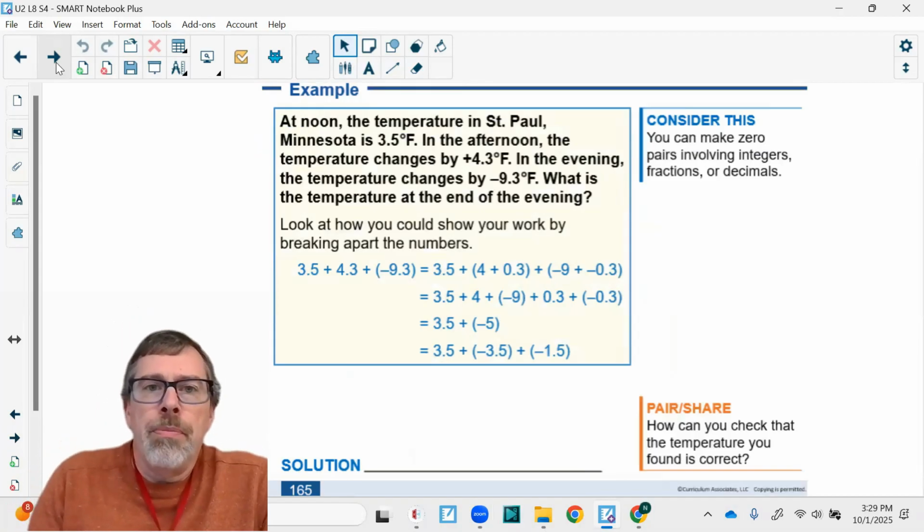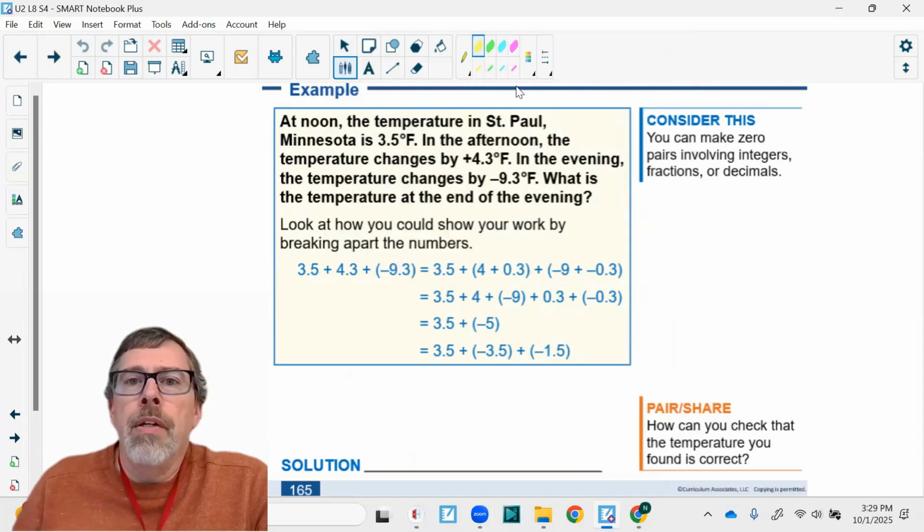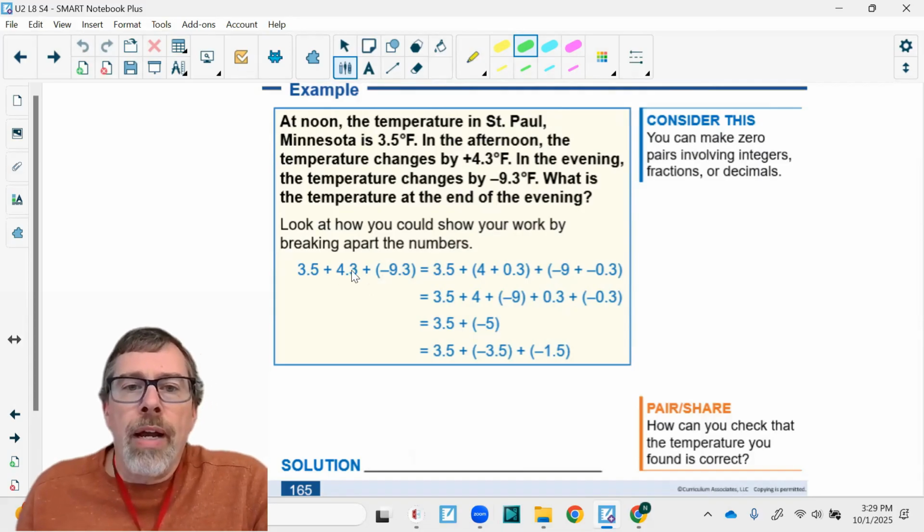First example, I found an error in the book, so I just want to point this out. What they're doing is they're taking these decimal values and separating the ones from the tenths, or the integer from the rational portion. So as you can see, 4.3 is here, 4 plus 0.3 is here. -9.3 is here, -9.03 is here.